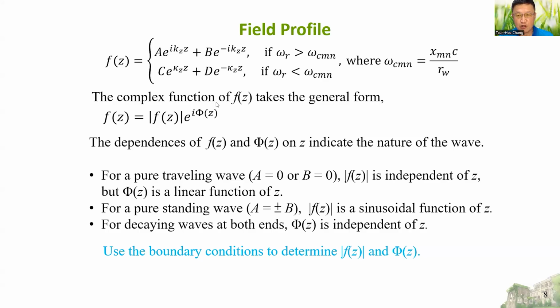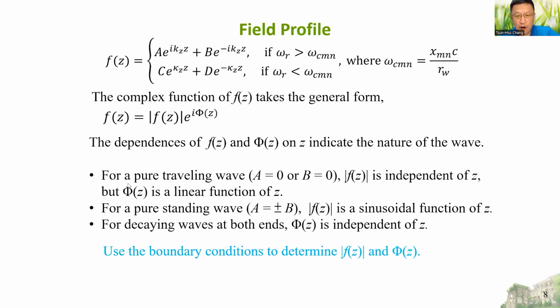The complex function f of z takes the general form. f of z should be this one, depending on z as well as here. This is a phasor, consisting of amplitude and phase information. The dependence of f of z and phi of z on z indicates the nature of the wave. Let's simplify.